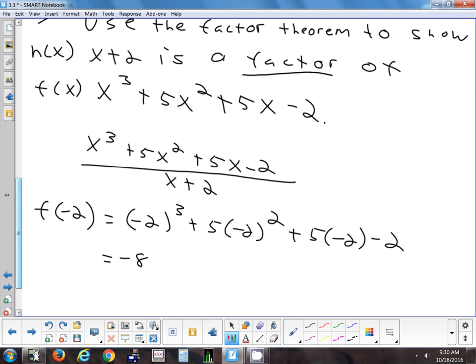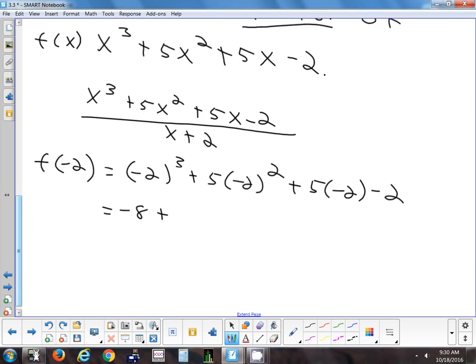Hannah, how about negative 2 squared? 4, and then times 5? 20, and that's going to be minus 10 minus 2. Okay, negative 8 plus 20, that's going to give me 12 minus 10 minus 2. Okay, 12 minus 10 gives me 2. And lastly, 2 minus 2 gives me 0.